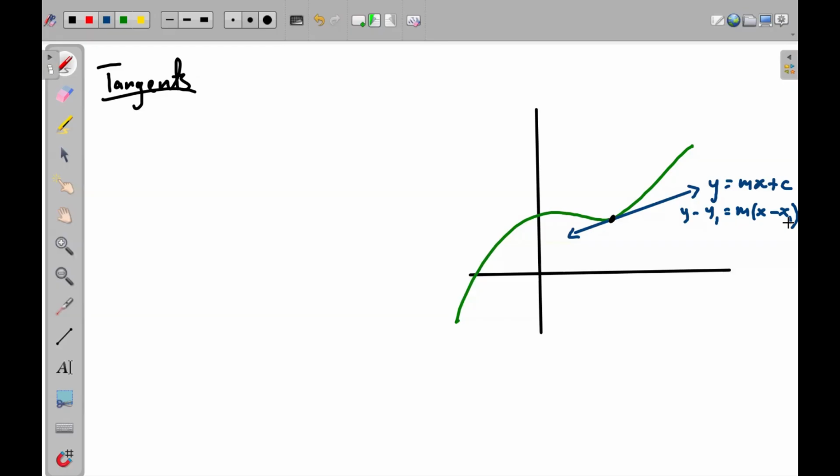Now, what do these tell you? They each tell you the following: if you are given a gradient and an intercept, this is easy and quick to use. But if you are given a gradient and a point, then you can use the other, all right? And then you simplify. But even the top one can still work with a point as well.